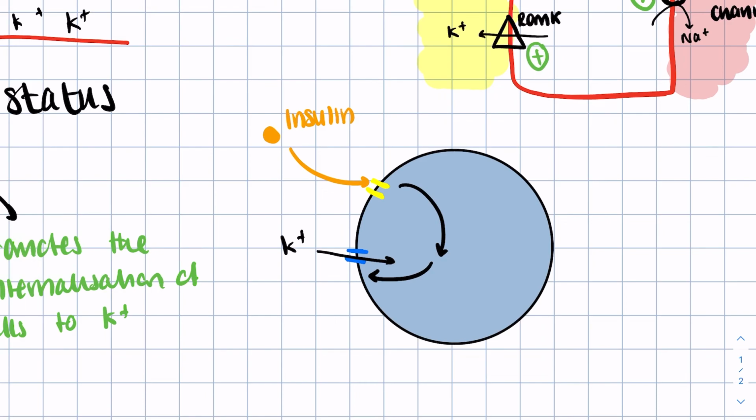So one of the treatments for hyperkalemia is to give insulin because it causes potassium to move into the intracellular space.